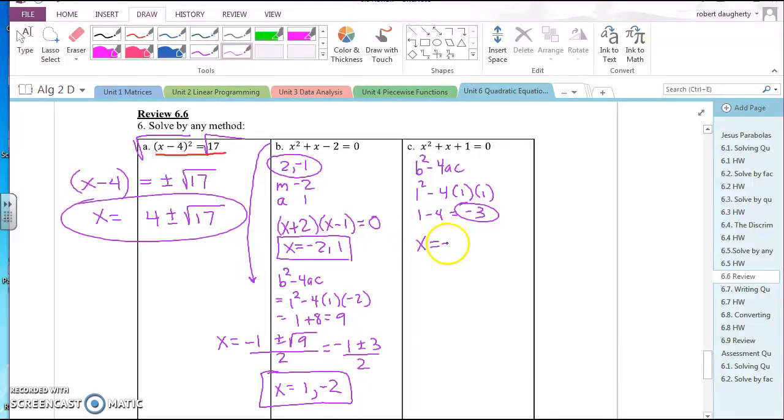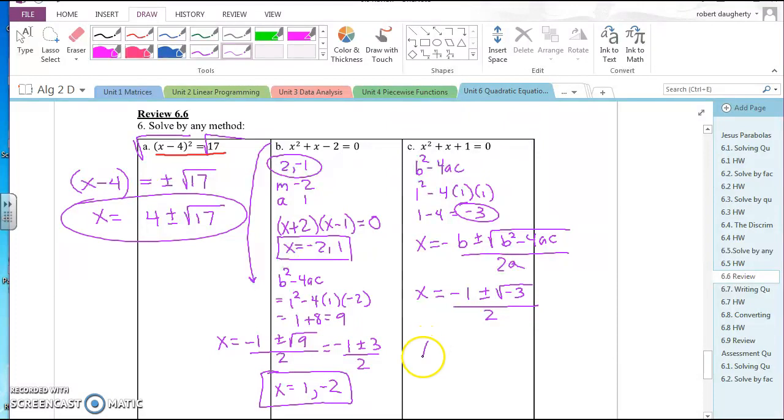So x is going to be -b plus or minus the square root of b squared minus 4ac, all of that over 2a. So x is -1 plus or minus the square root of -3 over 2a, which is just 1, which is 2.